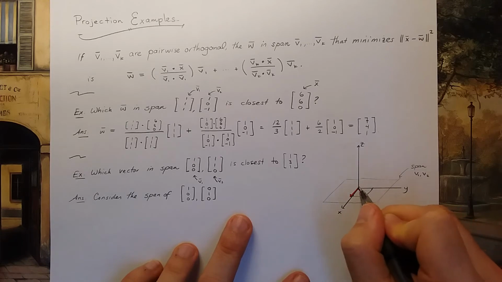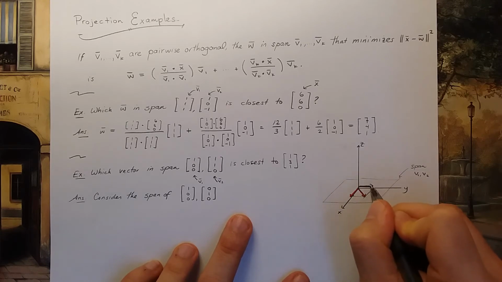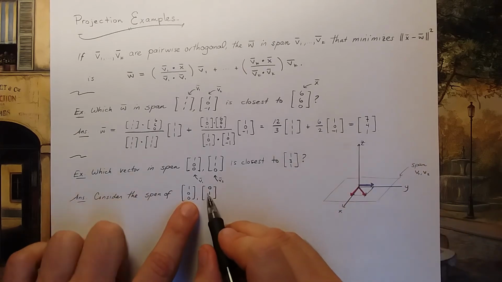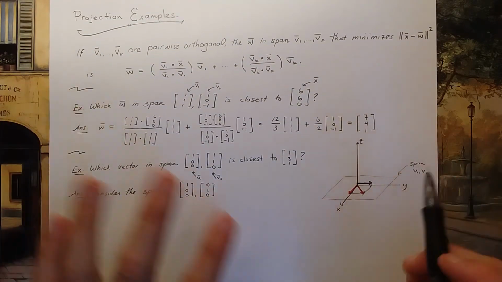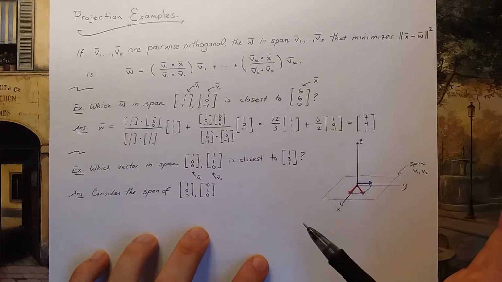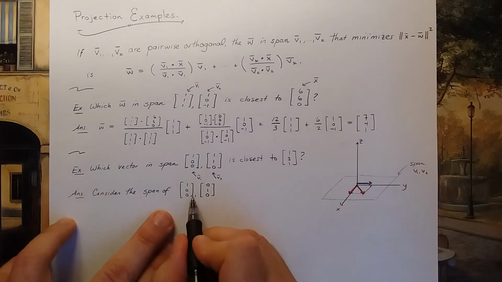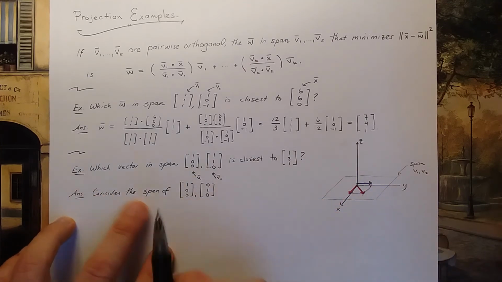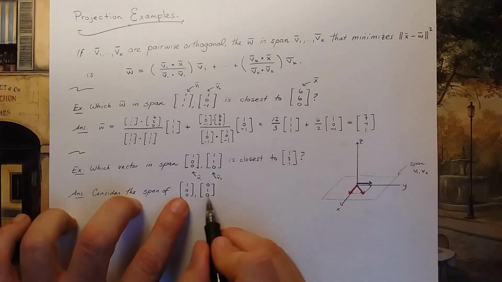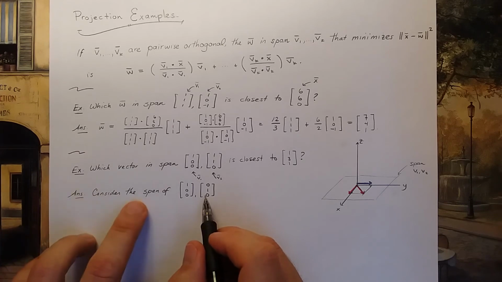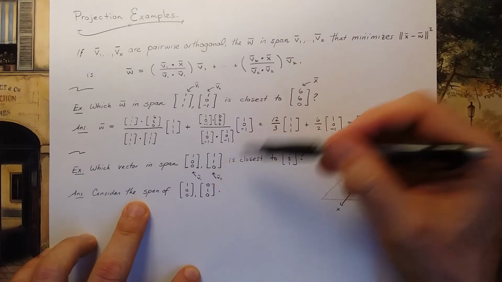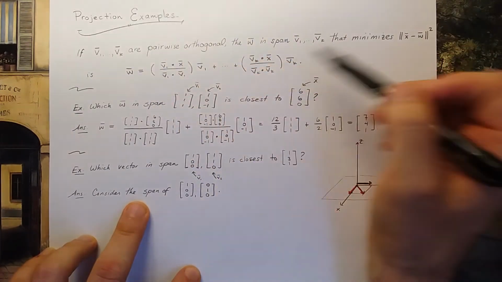I'm going to rotate it over so that it's parallel to the y-axis. That way, my two vectors are orthogonal, but they still describe the same span. They still describe the xy plane. I've just chosen different basis vectors, different vectors to represent that span. And I chose them in such a way so that their dot product is 0. Now, and only now, can I employ this fact up here.